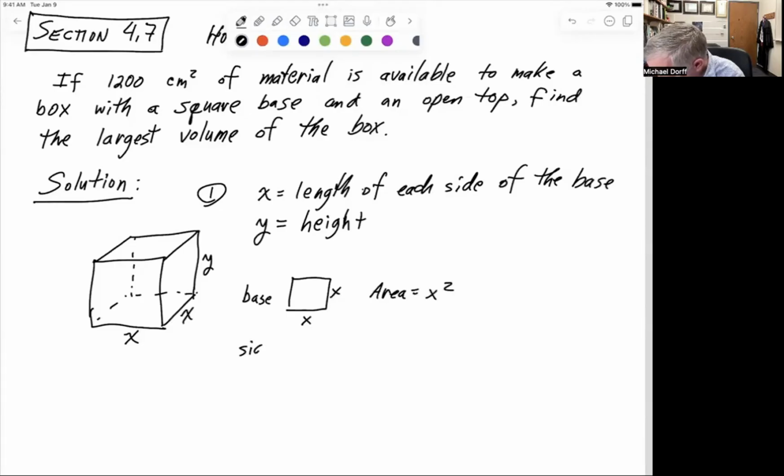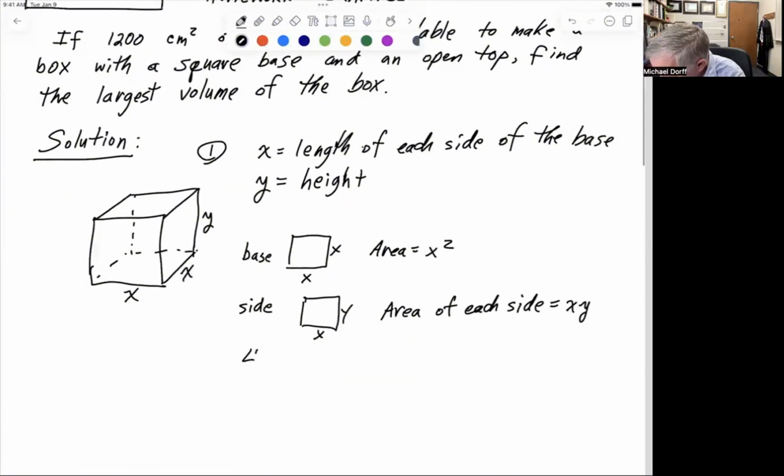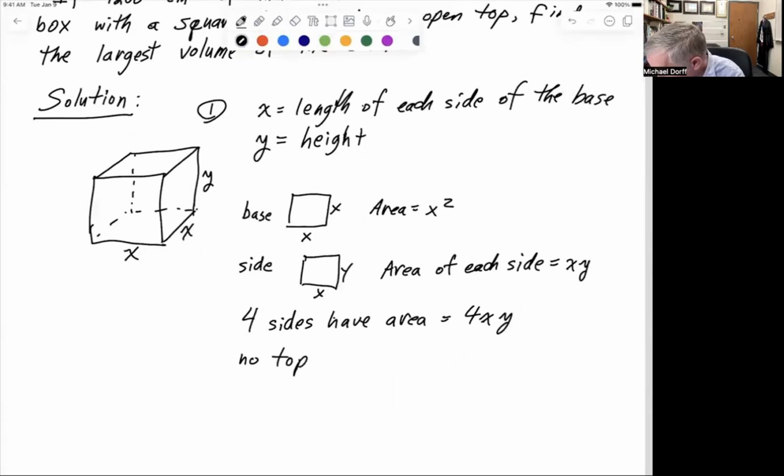If I have a side, one length is going to be x and one is going to be y, so the area of each side is going to equal x times y. But I have four sides, so the four sides have area equal to 4xy. And there's no top, so the area is 0 for the top.